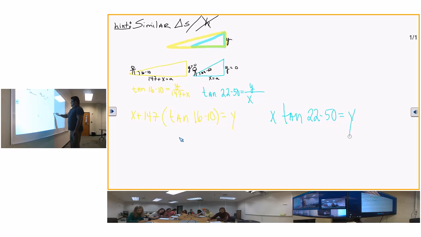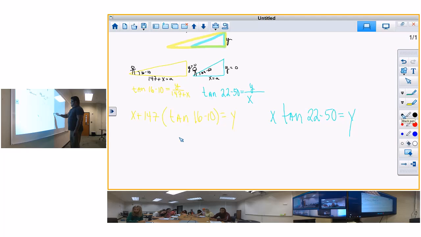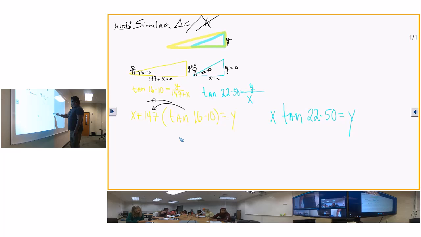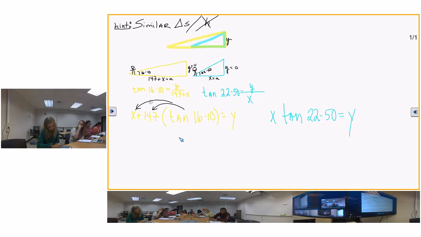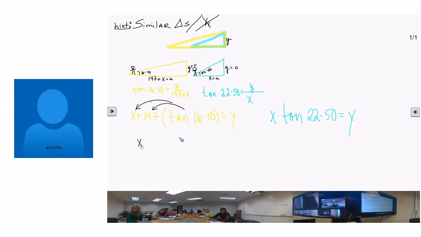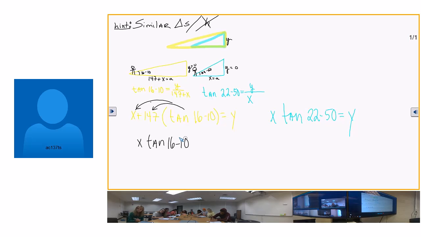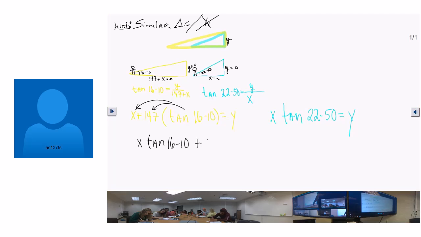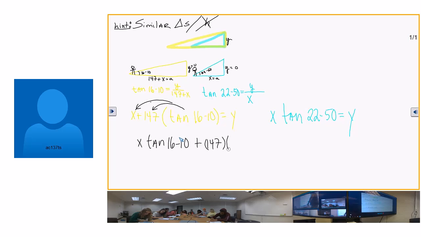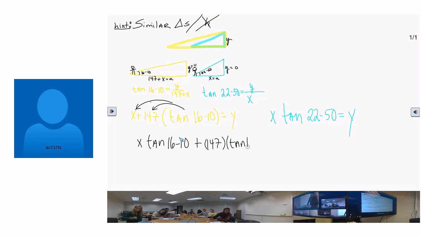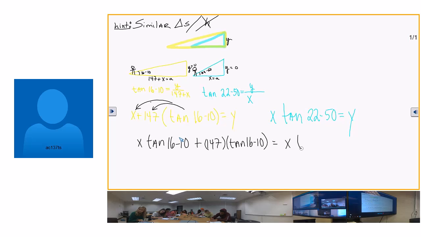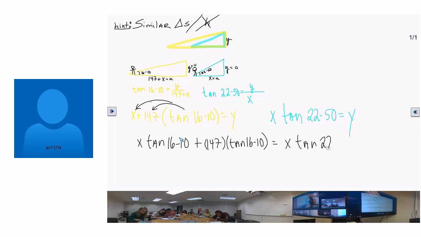Now I'm going to write in black. So I got to distribute this. And that's going to be x times the tangent of 16.10 plus 147 times the tangent of 16.10 is equal to x times the tangent of 22.50.